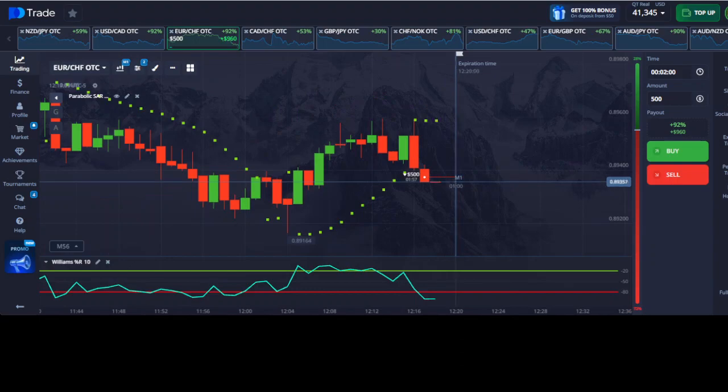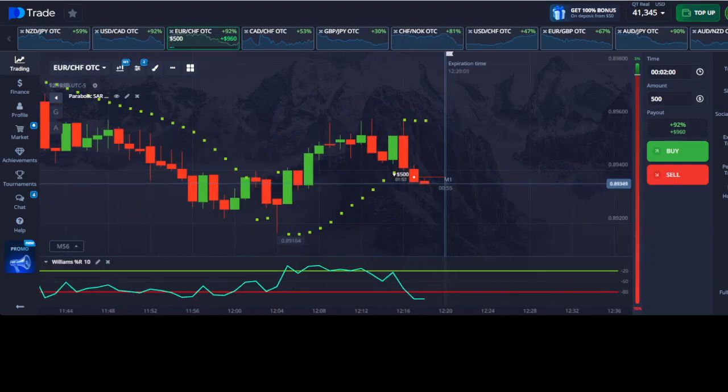I'm on the Euro Swiss franc currency pair here, and I just took a sell trade. The reason I took the sell trade is, first of all, the Williams %R line crossed below the 80 line, the red 80 line, in a downward direction.